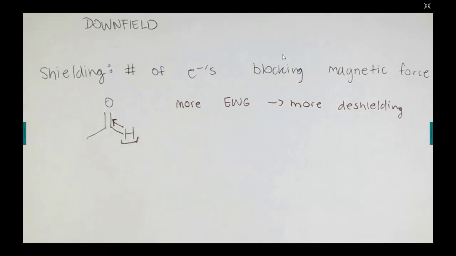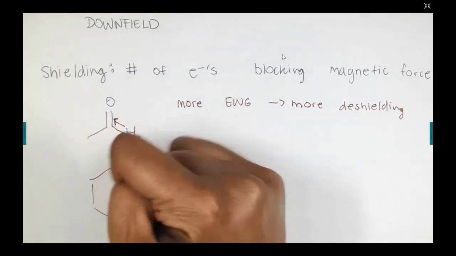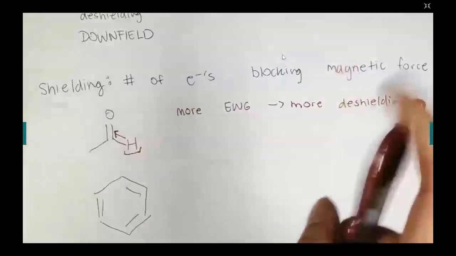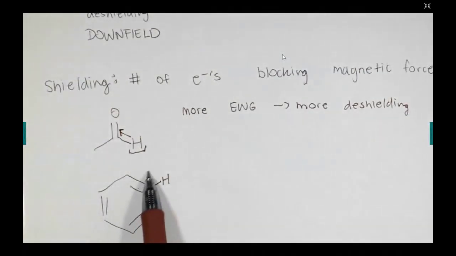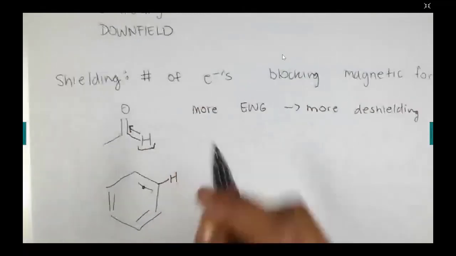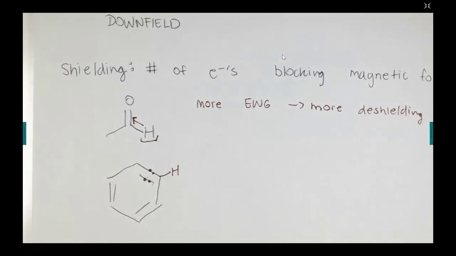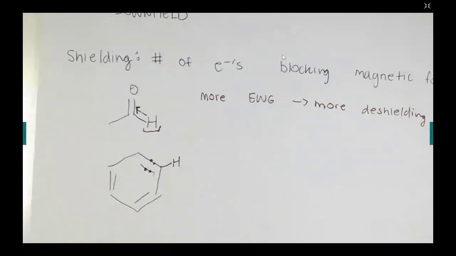Another thing to consider, in addition to electron withdrawing groups, is resonance. For example, a benzene ring. If we look at just one hydrogen, this hydrogen gets to share 2 sets of electrons to form this bond, right? However, because we see resonance, one of these bonds is actually not just for this hydrogen. It's being flipped between other carbons.